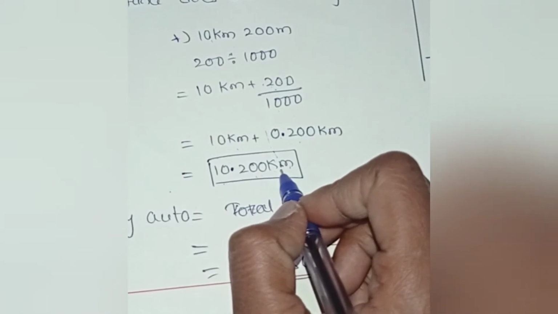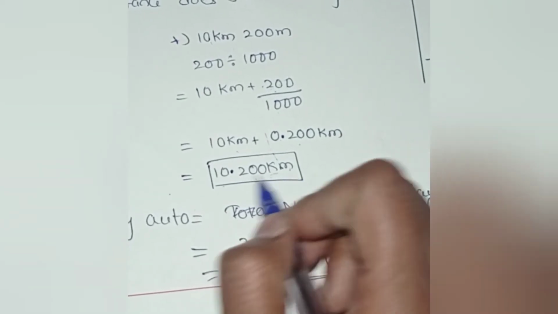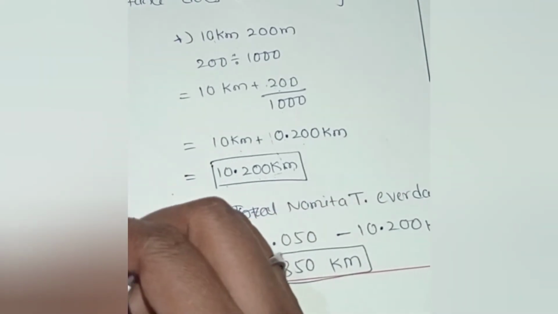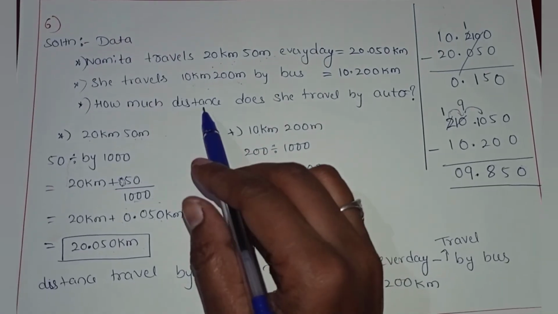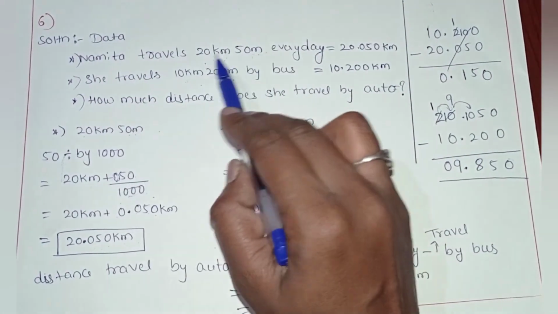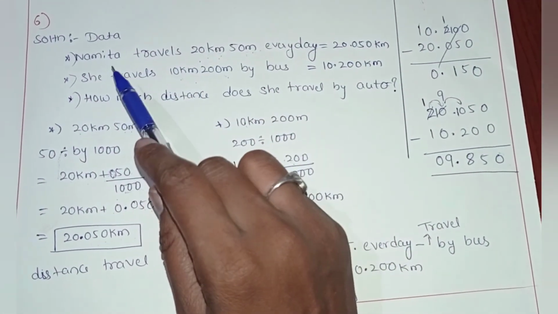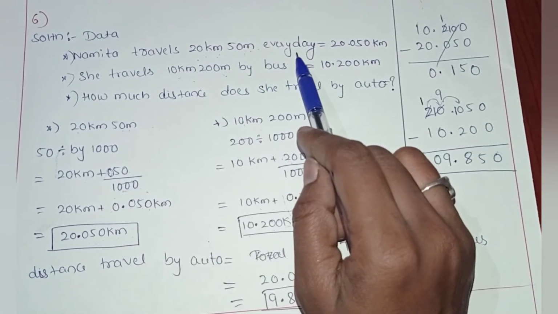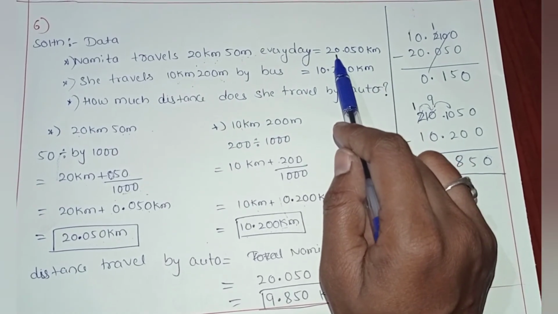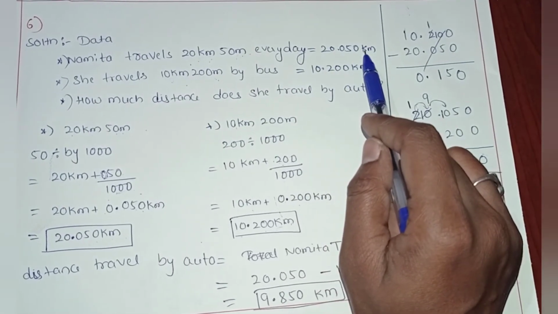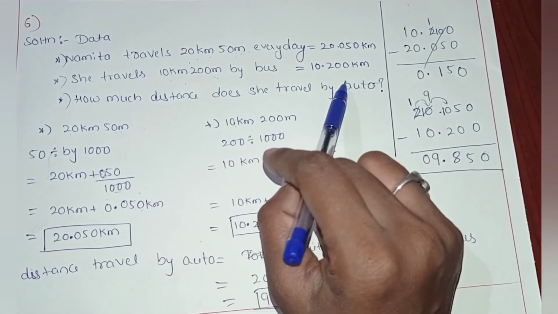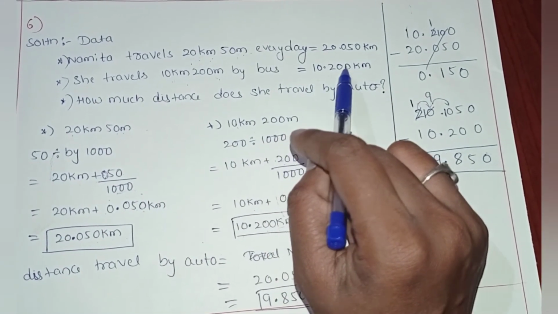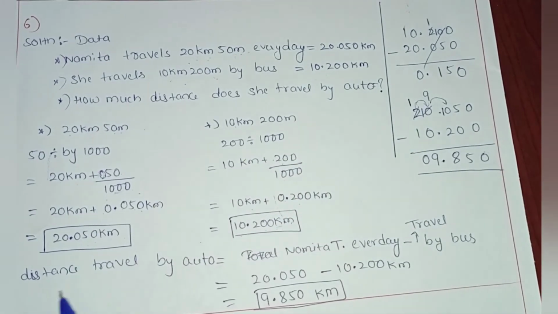10.200. What is the SI unit? Kilometer. Right? Now we found out. So now we got these two terms as one, right? That is nothing but Namita travels every day. How much? 20.050 kilometer, and she travels by bus how many kilometers? 10.200 kilometer, right?